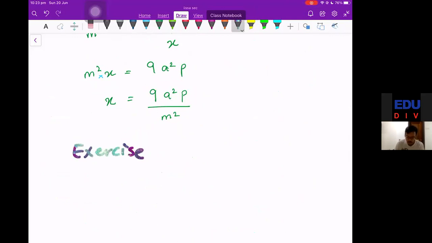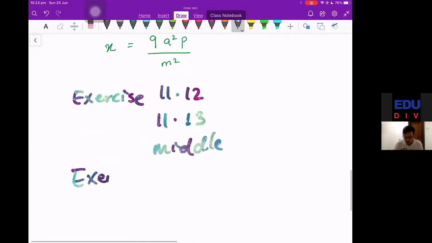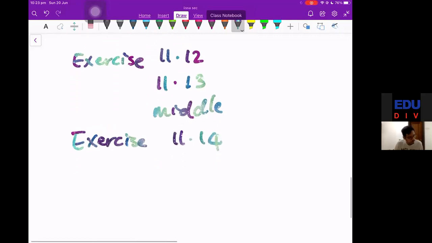Exercise 11.12 and 11.13, do the middle. And for exercise 11.14, you need to do question 1 and question number 2 only.